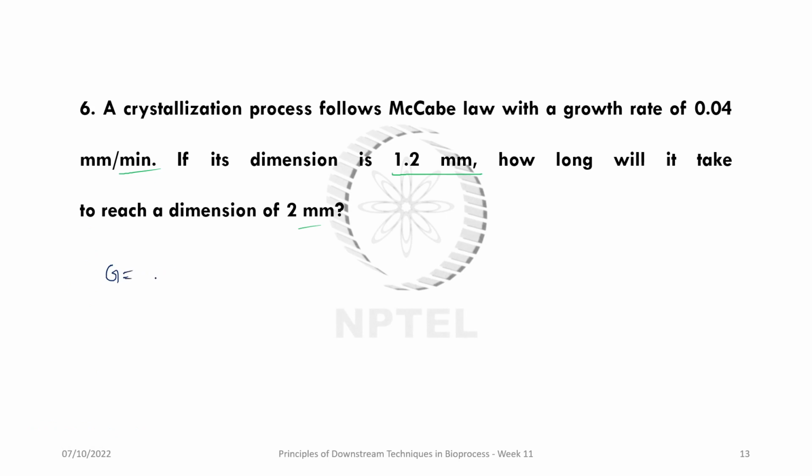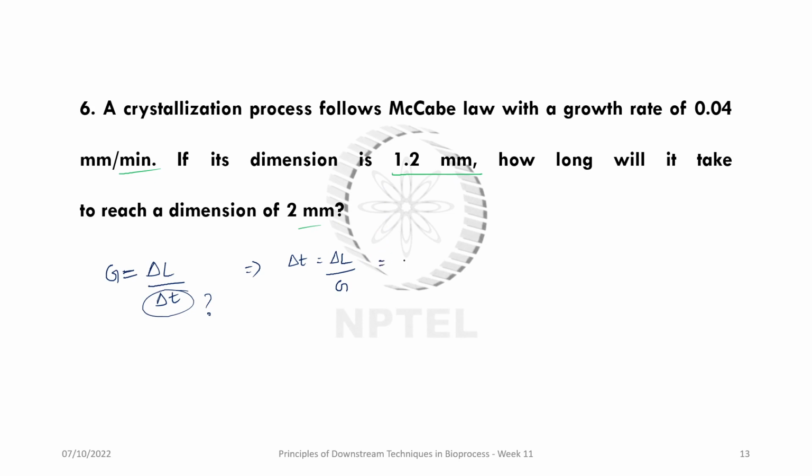So what's McCabe's law? Growth is equal to... The question is how long. So you want to find this: delta T is equal to delta L by G, and they have told you that the growth rate is 0.04 millimeters per minute.